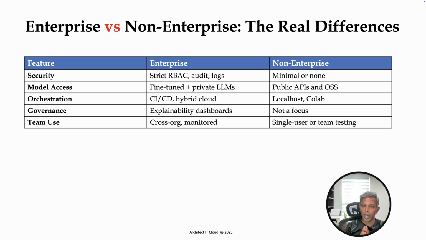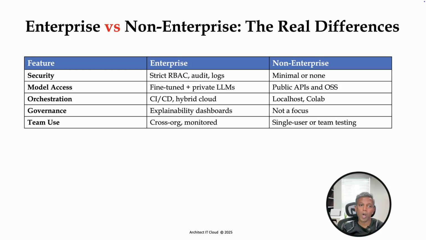All of that is captured properly so that you can confidently use it for your businesses. When it comes to non-enterprise AI agents, this factor is minimal. It will not give you strict role-based access control, or produce an audit log to measure the performance of your AI agent, etc.